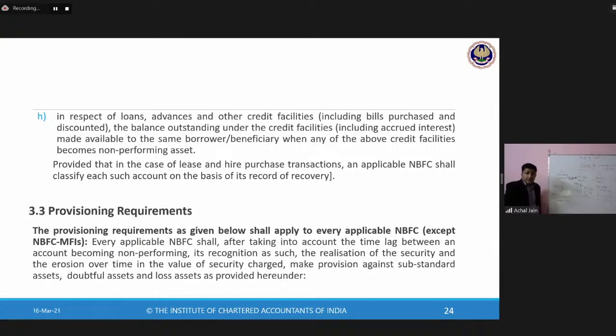Now this requirement point number H says the moment any of the facilities of a customer becomes NPA, the remaining facilities of the same customer, even if they are performing well, would also be categorized as NPA.